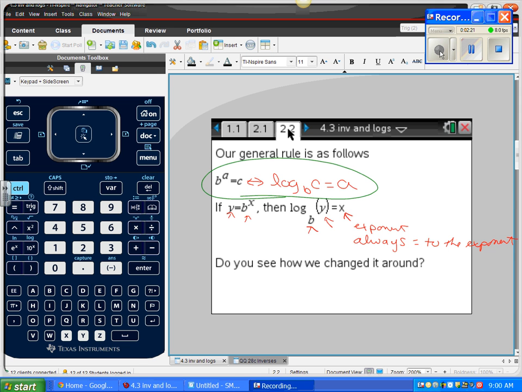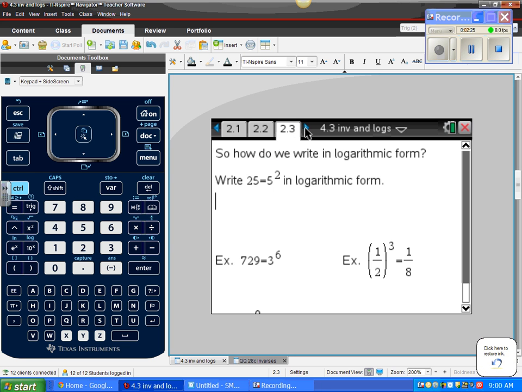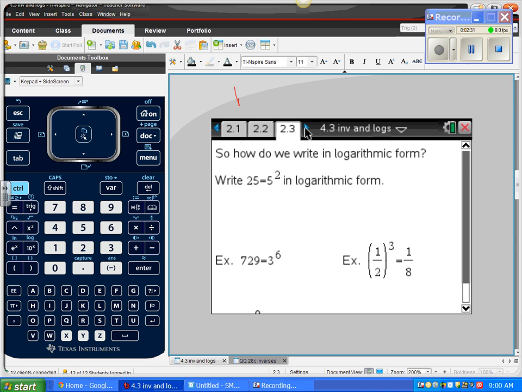Okay, all right, so now we have to practice going back and forth. And it does take a little practice. If you need to go through and label what each one of these is going to be, then label them. So again, we had b to the a equals c, log base b of c equals a. Let's label this one. 25 equals 5 squared. Is that correct?